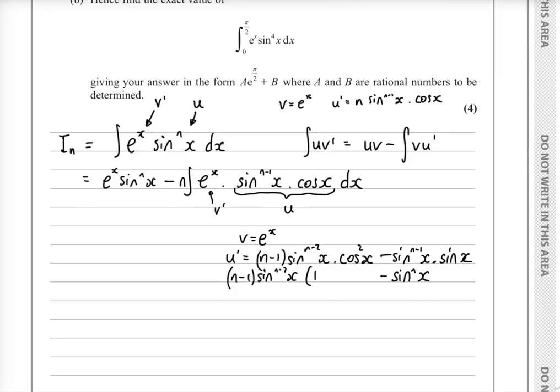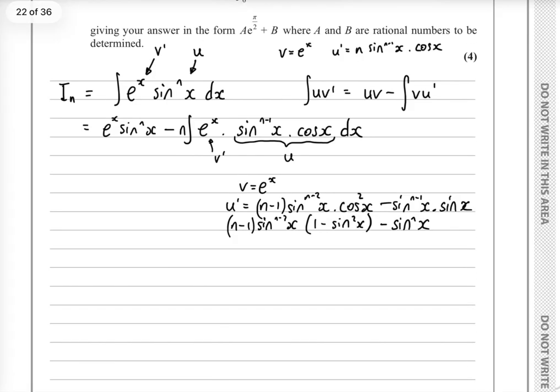Instead of that, we want 1 minus sine squared. Do all of this before we put it into the integral. So that's n minus 1 lots of sine to the n minus 2 x when you multiply it by the 1 here, and then minus n minus 1 lots of sine to the n minus 2 times sine squared. That brings us back to sine to the nx, and we're still minusing sine to the nx.